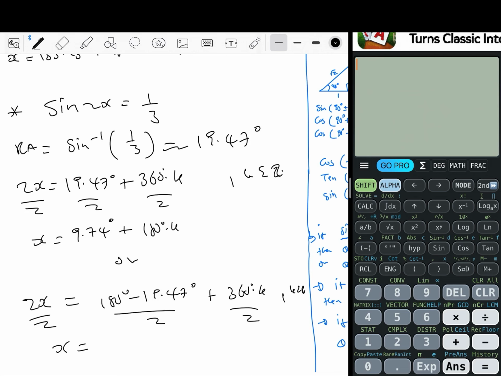So before you divide this, you say 180 degrees minus 19.47, and you get 160.53, and divide that by 2.